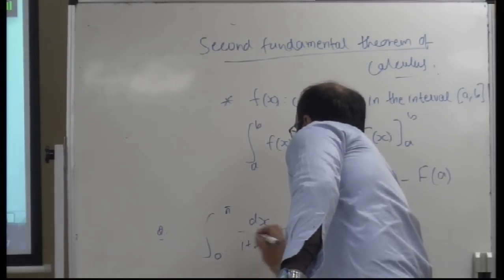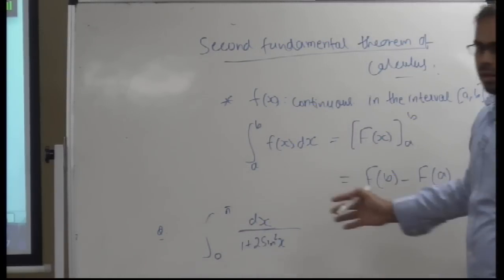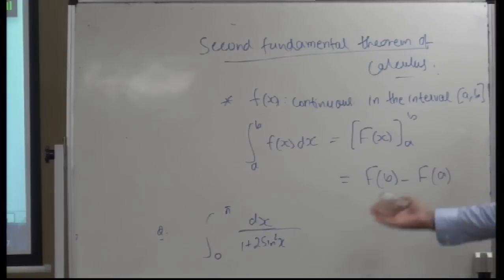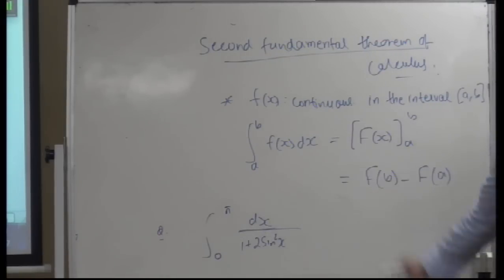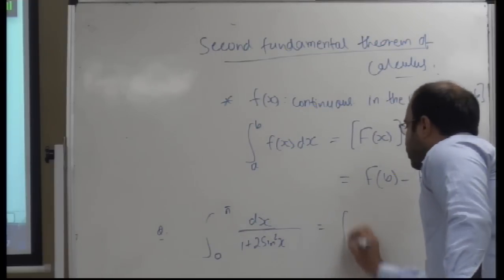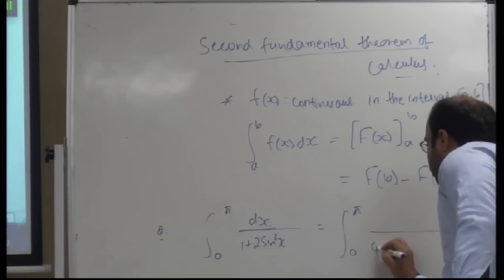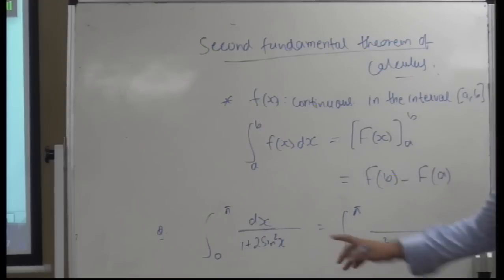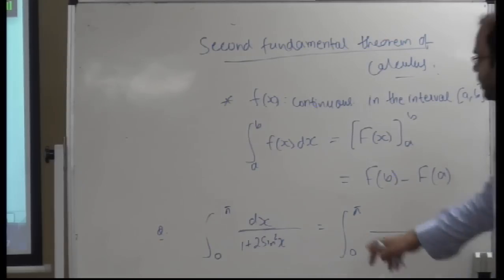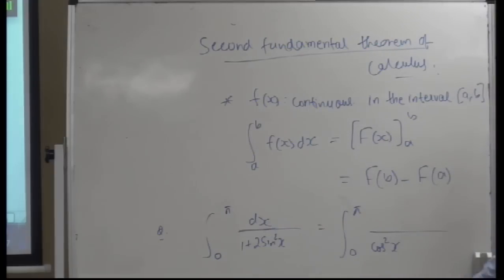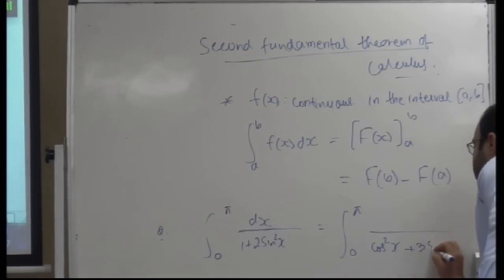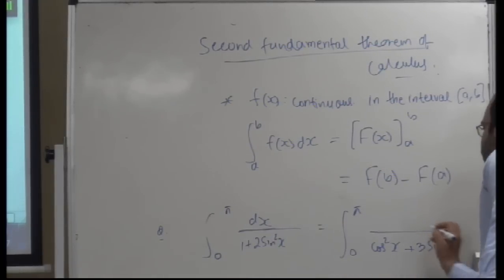Now in this particular question, if we go the simple way of integration as we were doing in indefinite integral, and just put the limit. So what we'll do here, 0 to pi, the denominator becomes cos square x plus sine square x, that is the value of 1. And that sine square x, when added with 2 sine square x, will become 3 sine square x.